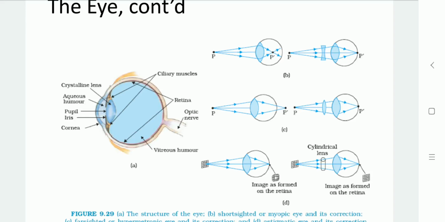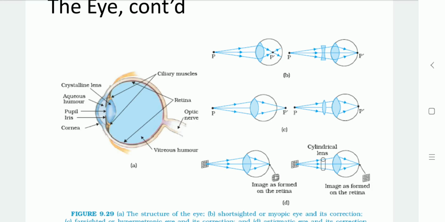Now, this distance increases with age, because the effectiveness of the ciliary muscle decreases and the lens loses flexibility. So the near point may be about 7 to 8 centimeter in a child of 10 years of age, and it increases up to 200 centimeter at the age of 60 years.